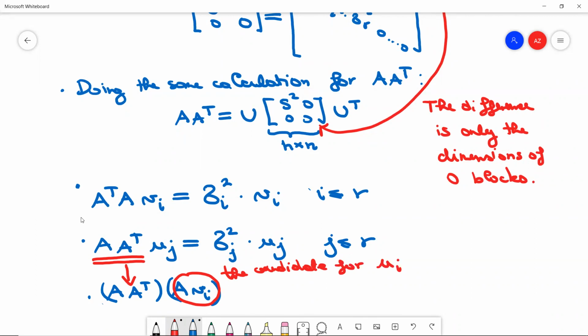If Vi is of length 1, it doesn't mean that AVi will be of length 1, so the length will change. So this will be the candidate for Ui times some constant. And we will see that this is the proper candidate, and we will also see what this constant is.